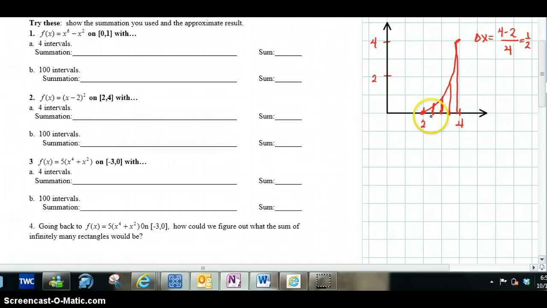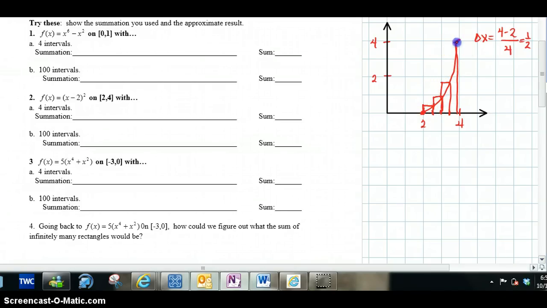The first value is going to be 2 plus a half. The second is going to be 2 plus 2 halves. The third is going to be 2 plus 3 halves. And the fourth is going to be 2 plus 4 halves. So each rectangle has a width of a half.